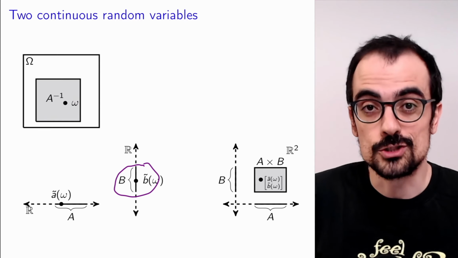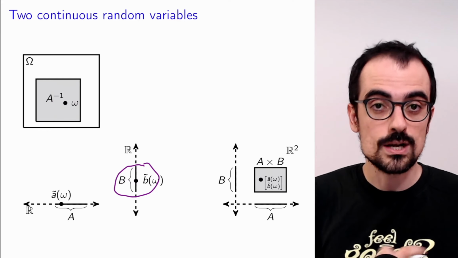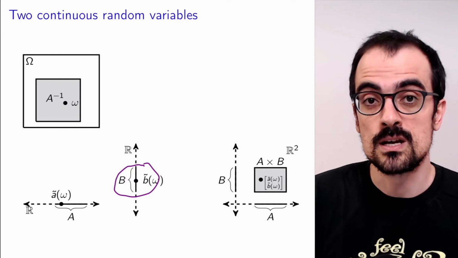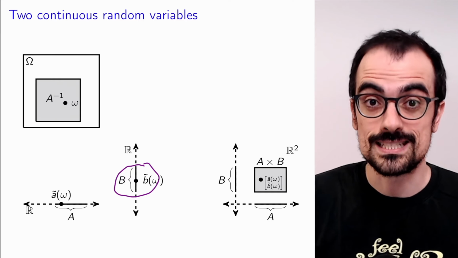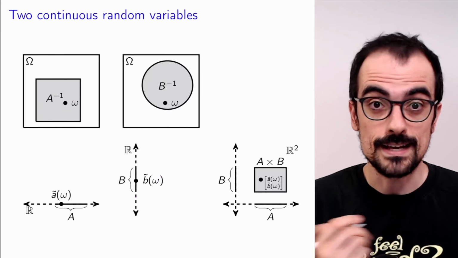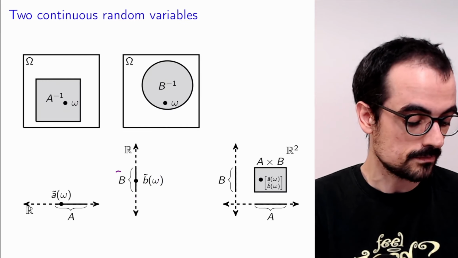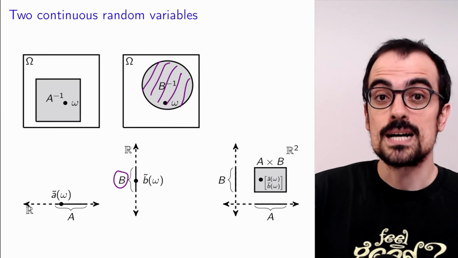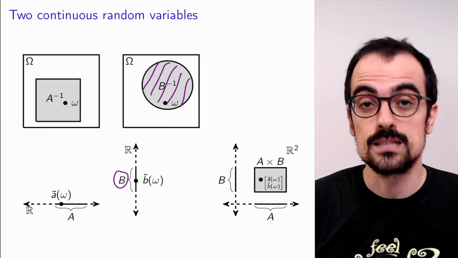Because it's a valid continuous random variable, when we look at the sample space, and it's the same sample space because both random variables are defined on the same probability space, the event of all outcomes mapping to that interval, which here is this circle, must have a probability assigned by the probability measure.